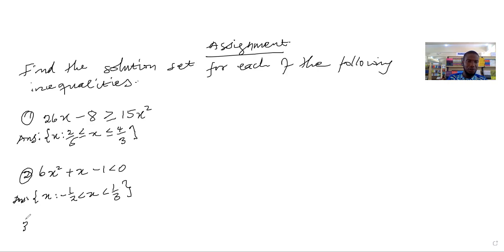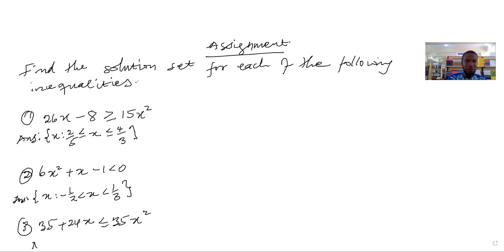Then question 3, 35 plus 24x less or equal to 35x squared.